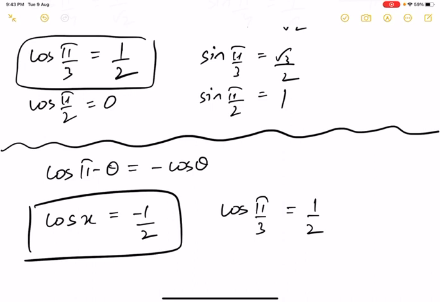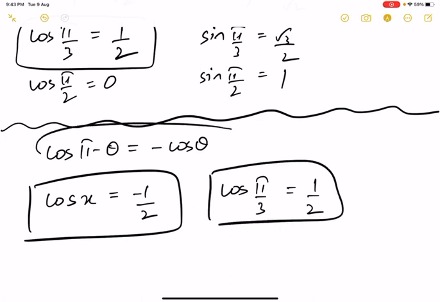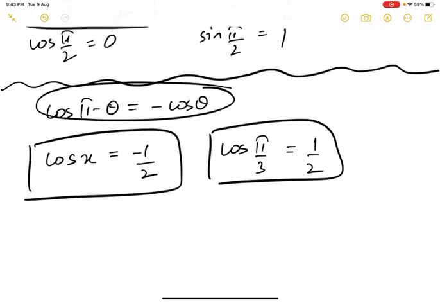But I need the solution for cos of x is equal to negative half. So how will I make this negative? You can look at this property: cos of pi minus theta is equal to minus cos theta. So cos of pi minus x is equal to negative cos of x.